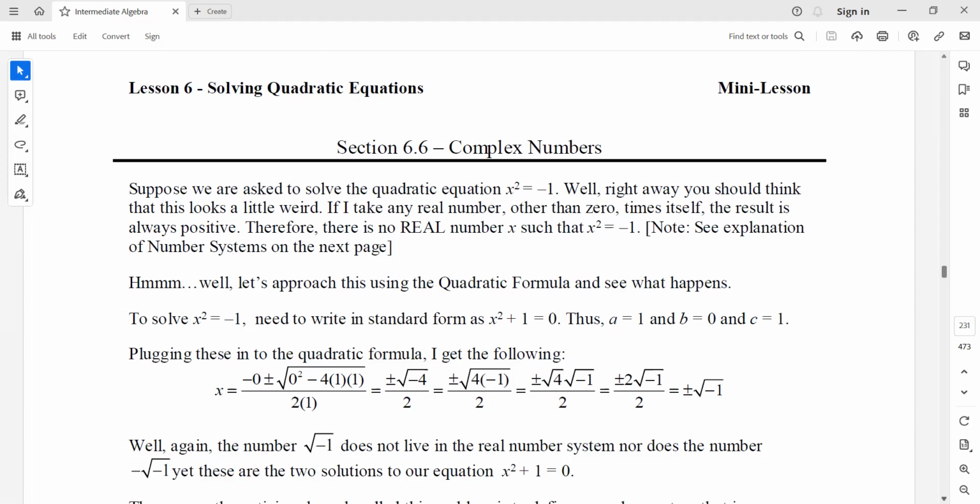Now, let's say that we have an equation, and I'm going to go to the whiteboard. Let's say that we have the equation x squared equals negative 1. We could add 1 to both sides, and this gives us x squared plus 1 equals 0.